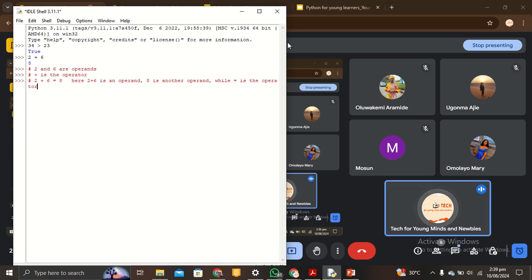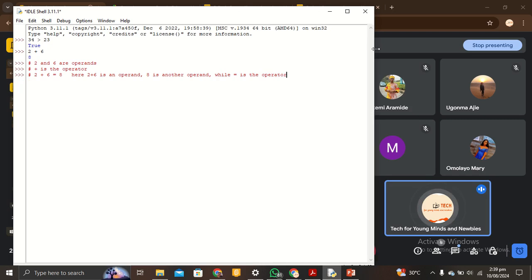Is that okay? So 2 plus 6 is the operand, then 8 is another operand, and equal to is the operator. Can you differentiate between operands and operator now? All of you.